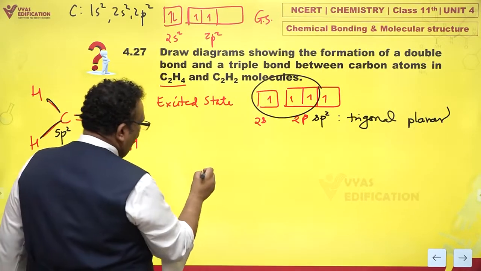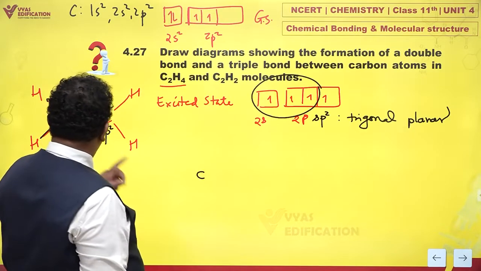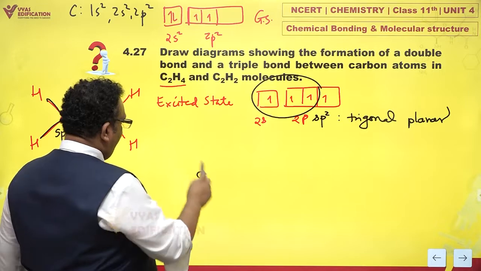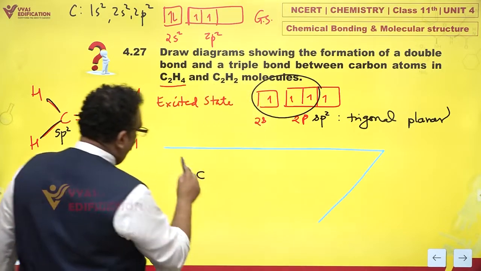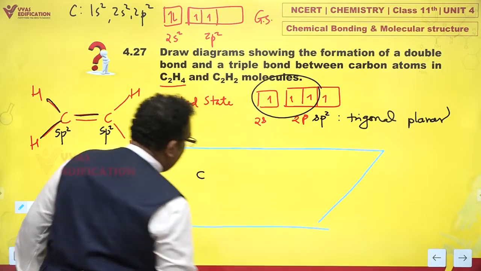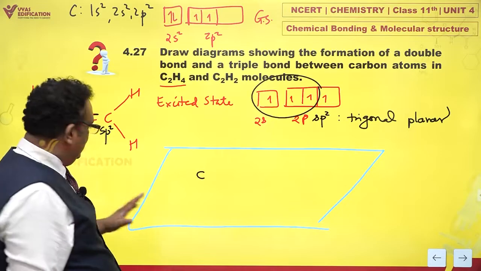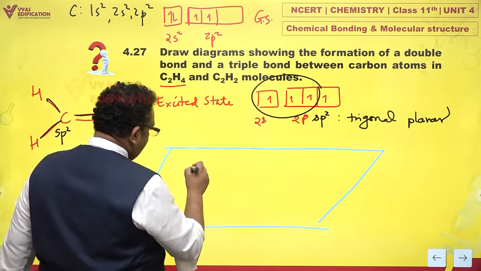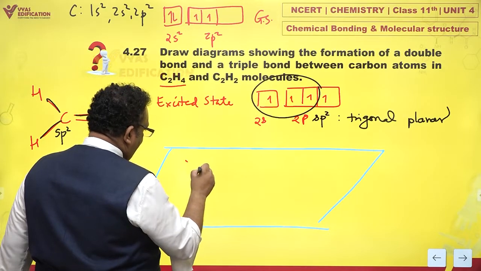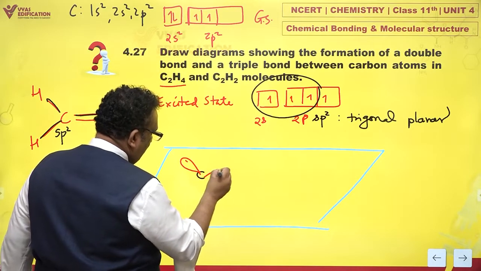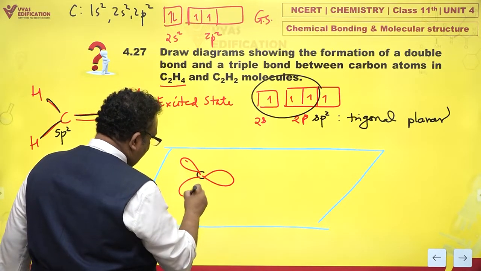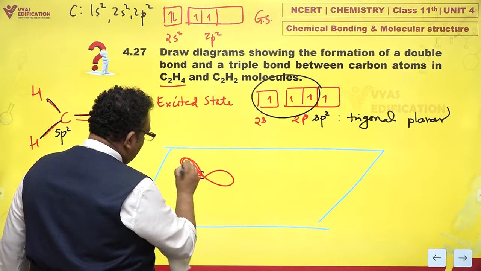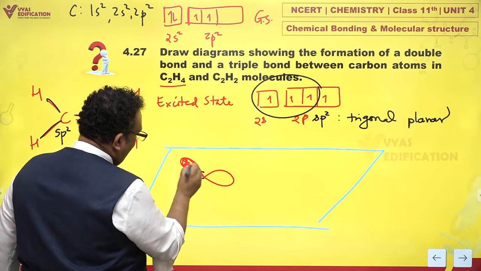Then what would I have? I have carbon. Let me take first carbon atom. Now, just for the sake of comfort, I will draw a plane also. In this plane, we would have molecules getting their bonds, etc. So, if I have 1, 2 and 3 orbitals, these are 3 sp2 hybrid orbitals which are actually forming bonds.